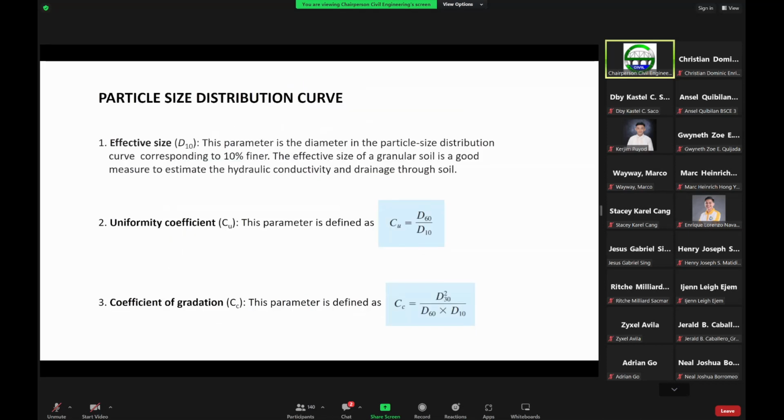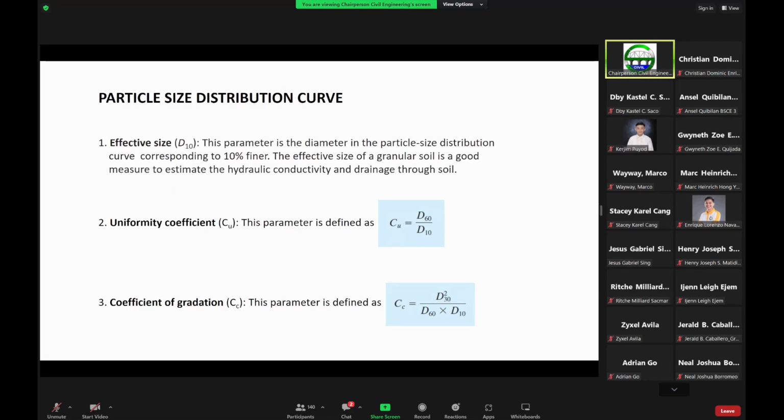There are some parameters that we can derive from the particle size distribution curve. One is the effective size, which is D10. This is the diameter in the particle size distribution curve corresponding to 10% finer.